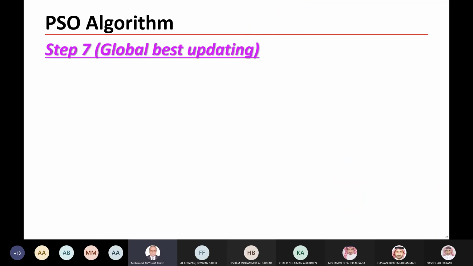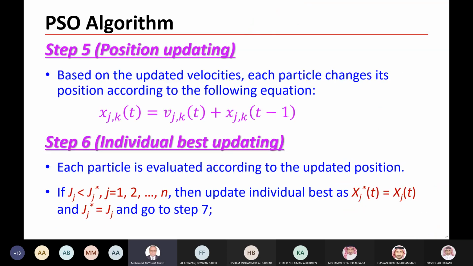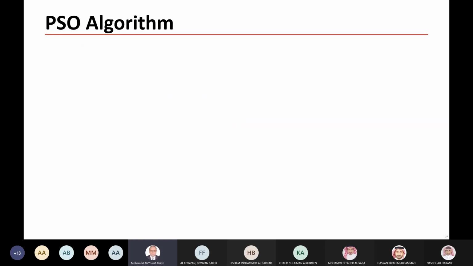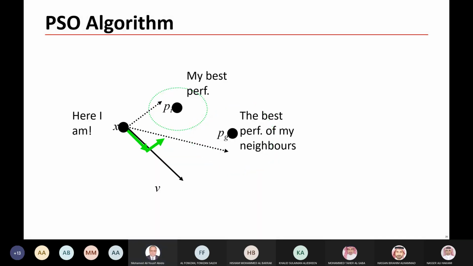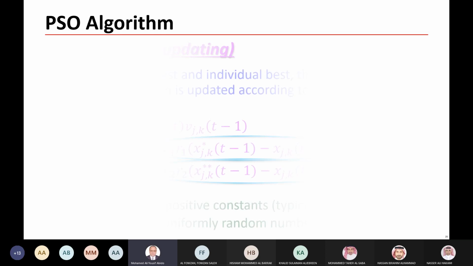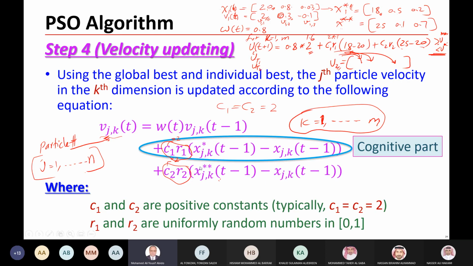You can see from the velocity, with these terms, that each particle has its own best and also the global best. With the current position, you may have a minus sign, you may have a positive sign, and so on.